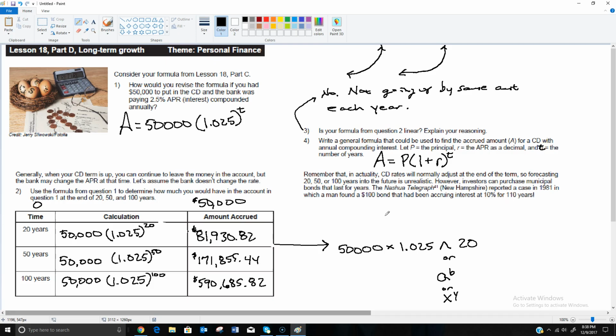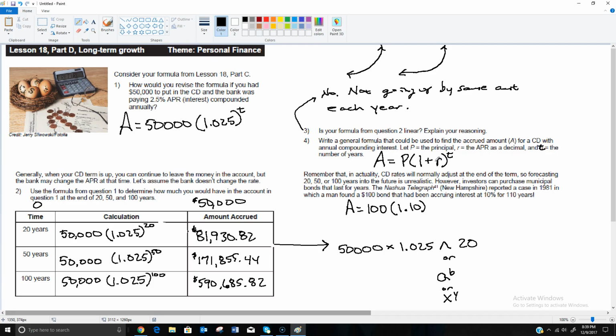So let's look at what that would be using our formula. If this was only compounded annually, but it was a $100 bond, so his principal is $100. Rate is 1.10, which is a pretty high rate for something that you put in the bank.